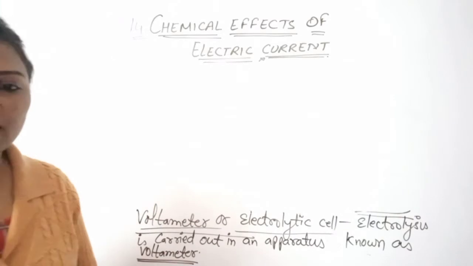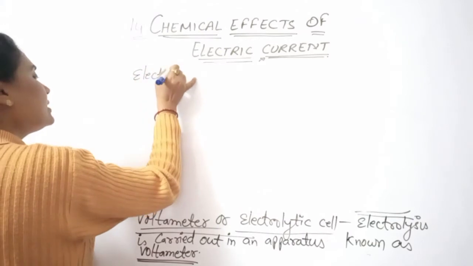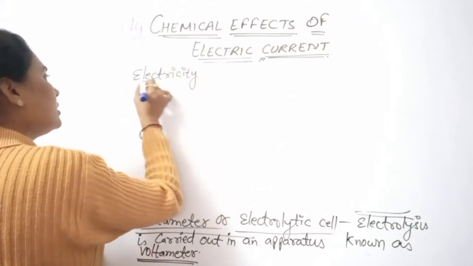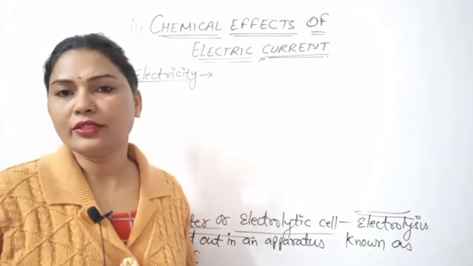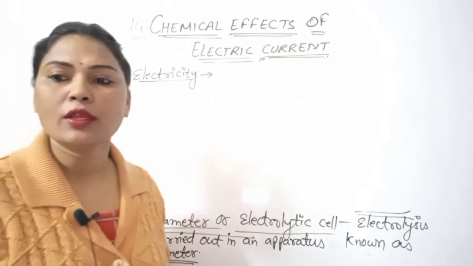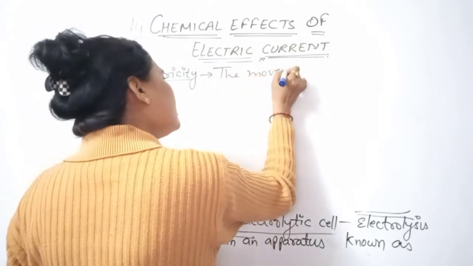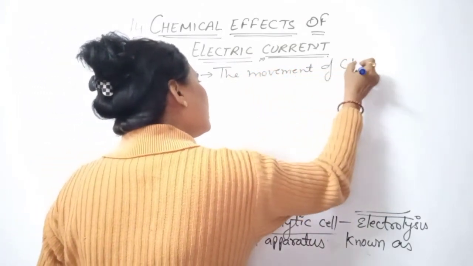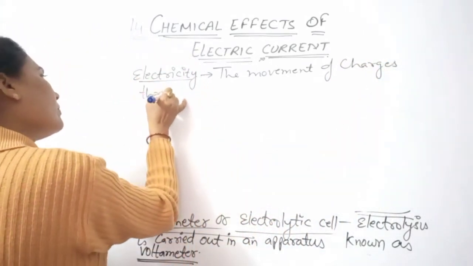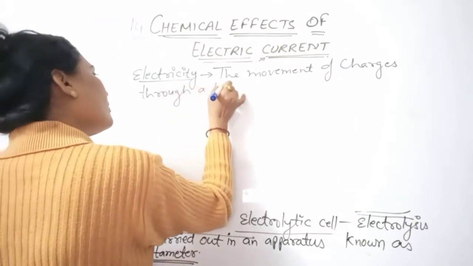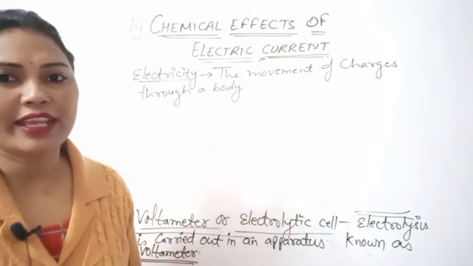Now you can write another definition also. इलेक्ट्रिसिटी और इलेक्ट्रिक करंट बोथ आर सेम, सो व्हाट इज इलेक्ट्रिसिटी या व्हाट इज करंट, both are same, electricity or electric current. So you can write the definition of electricity: the movement of charges through a body is called electric current, or you can say electricity.